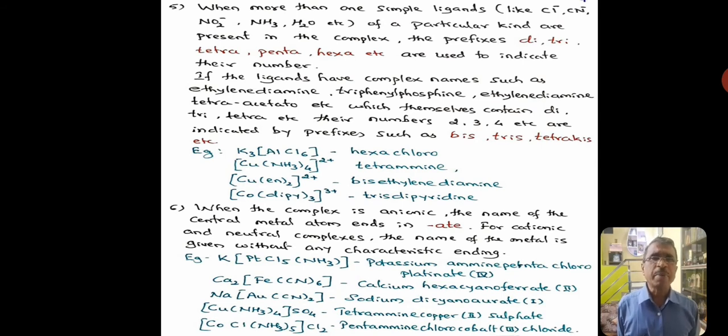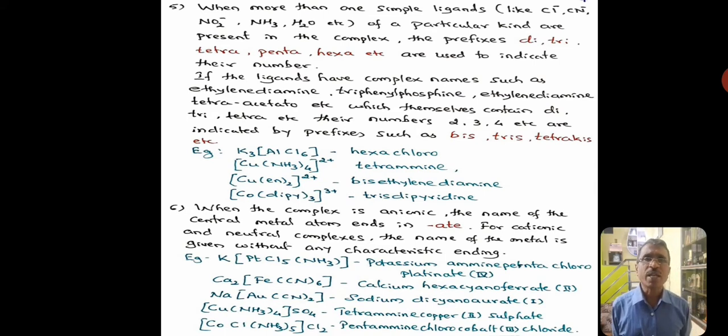Now, this is named as potassium ammine pentachloro platinate(IV). Similarly, another example, Ca₂[Fe(CN)₆]. It is written as calcium hexacyanoferrate(II).